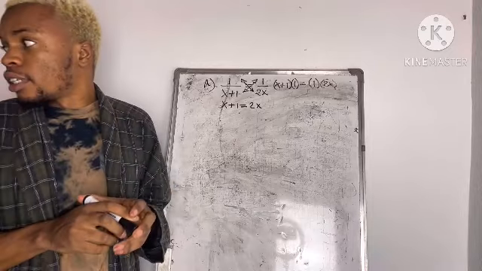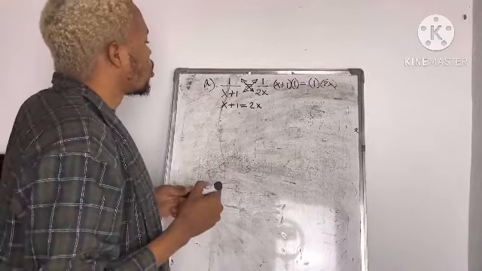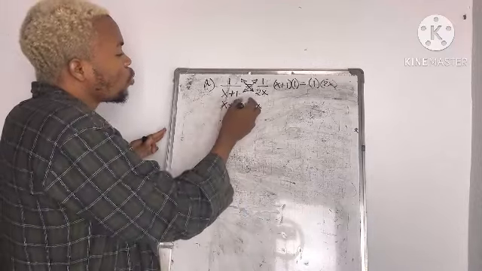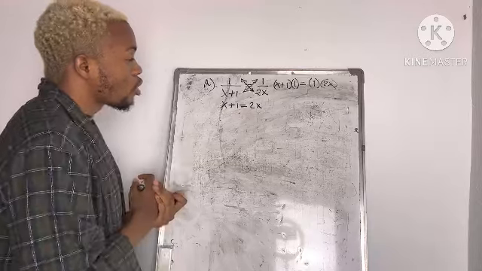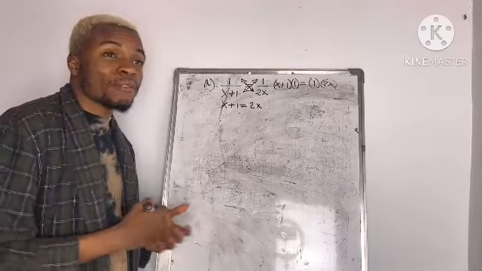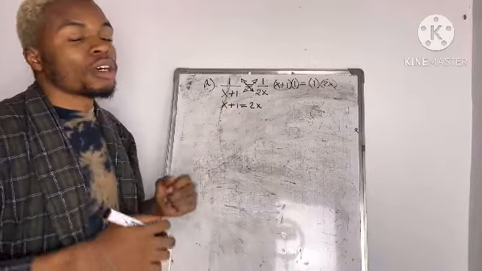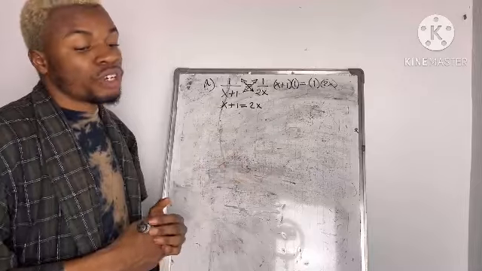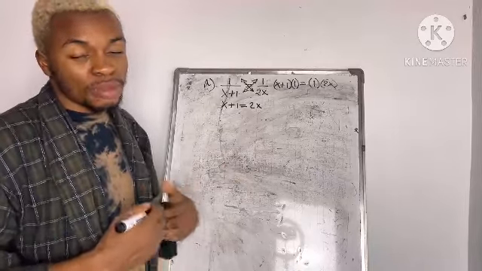Now the next thing we should do is, we could either take 2x and bring it this way where we have the x, or we take it the other way. But it's always best to bring the like terms together. You can still bring it this way and take the one the other way, but at the end it makes no difference. The easier way is always just bringing the like terms together as fast as possible.